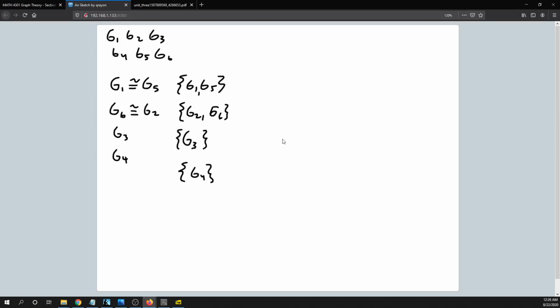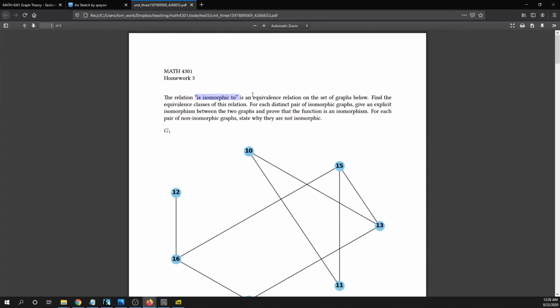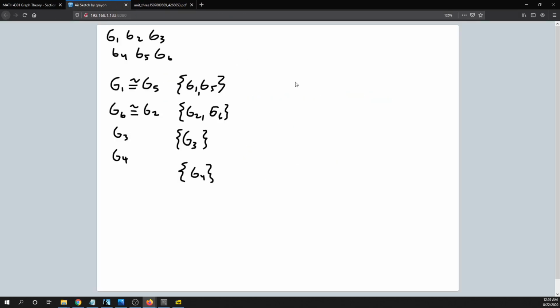Remember that being an equivalence relation, it is reflexive, symmetric, and transitive, right? So obviously, all of these are isomorphic to themselves. So you don't have to check that. It's symmetric, right? So if G1 is isomorphic to G5, then certainly G5 is isomorphic to G1. It is also transitive, right?